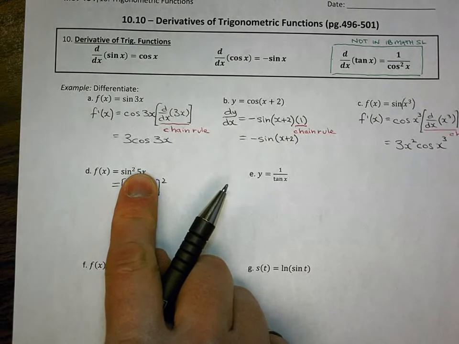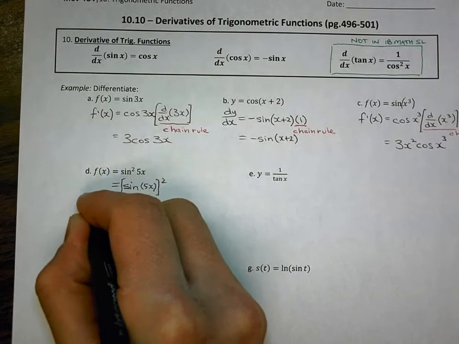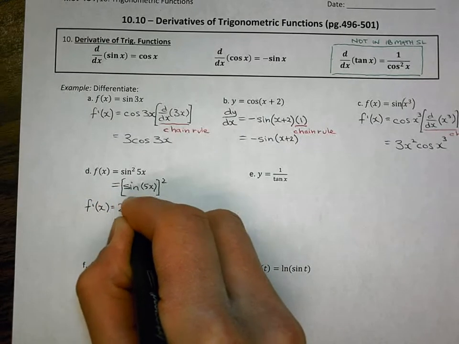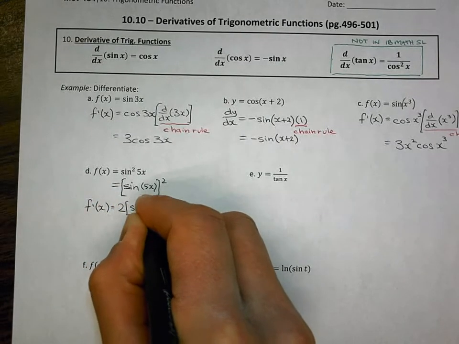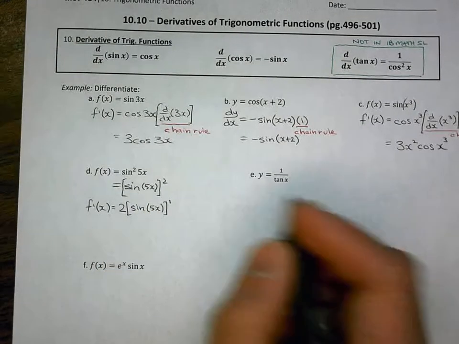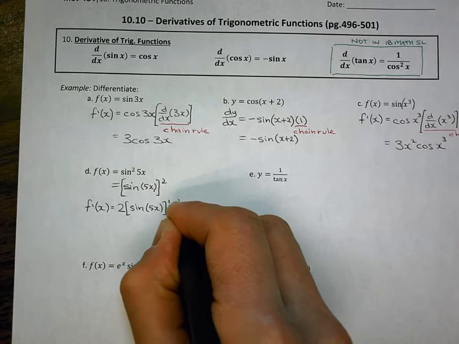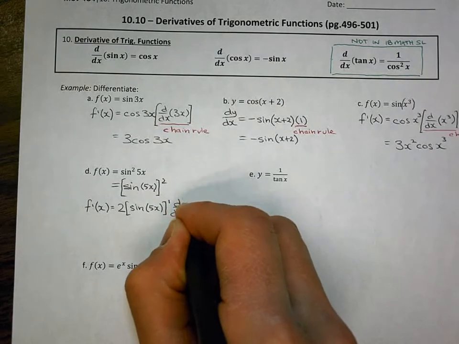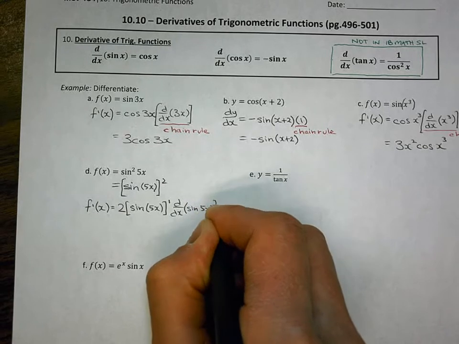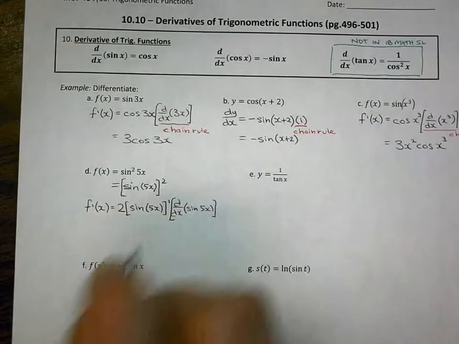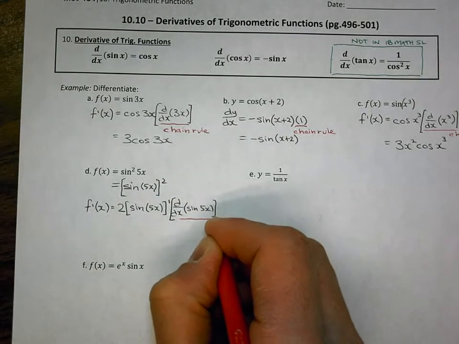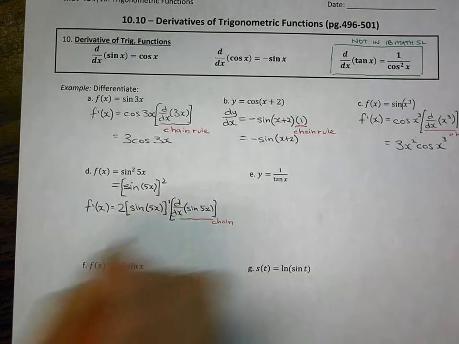What's the derivative of something squared? The derivative here is 2 times that something to the power of 1, times the derivative of the interior function, which is sine 5x. So there's a chain.